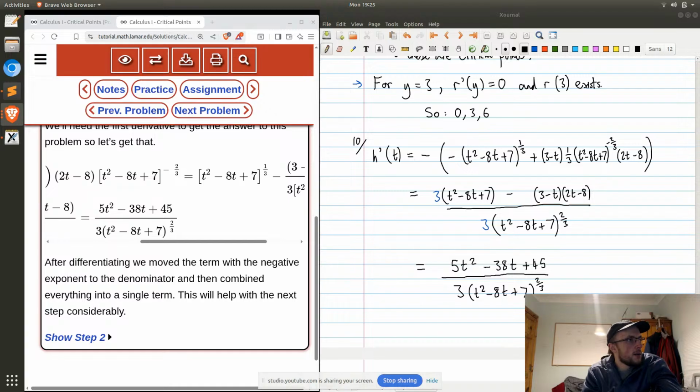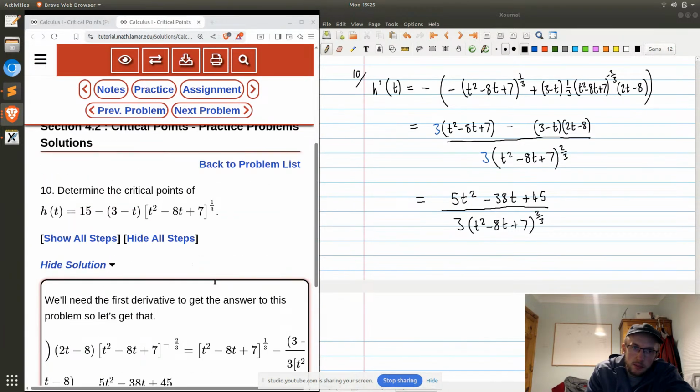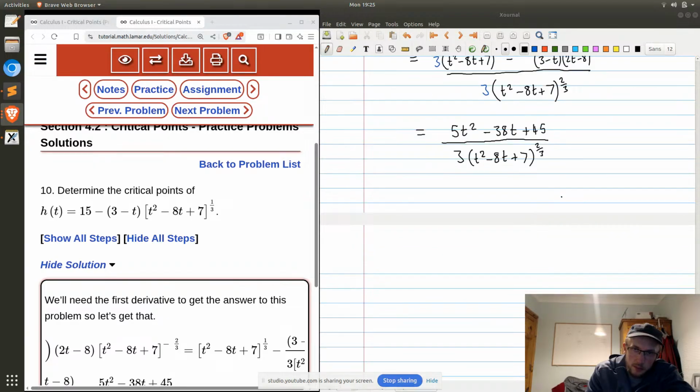Okay. Now that we've found h prime of t, what we need to do is find out where this is either undefined or 0.